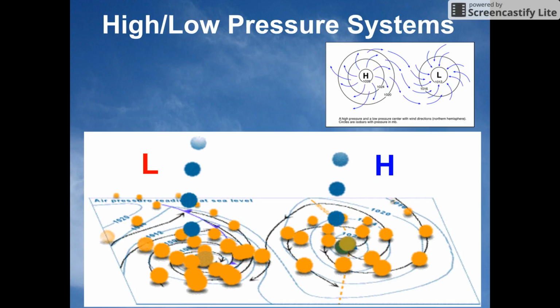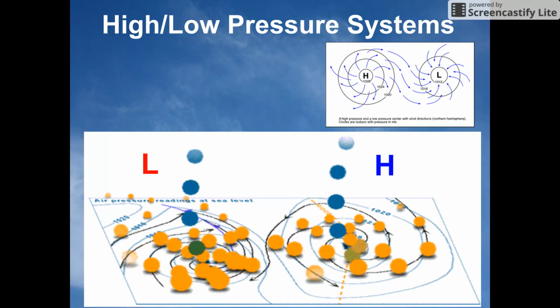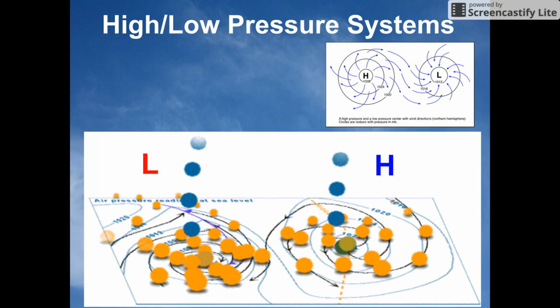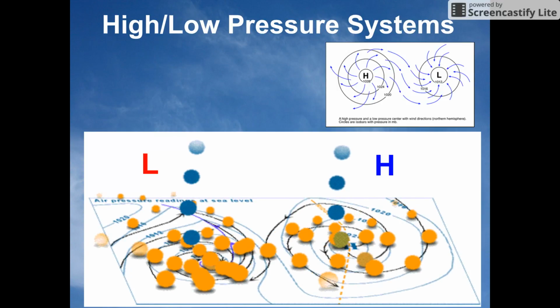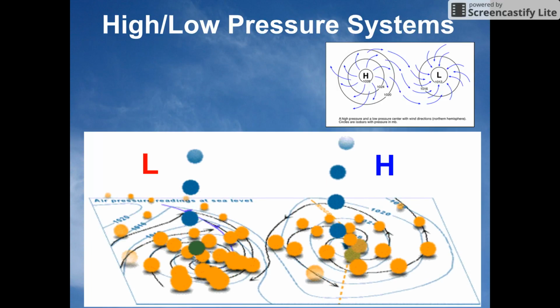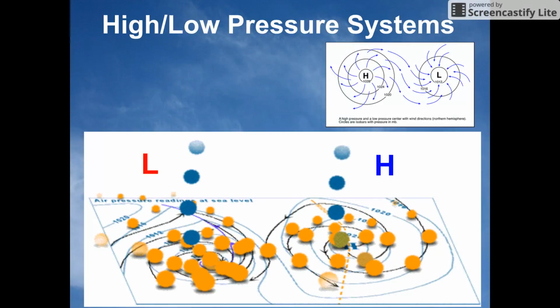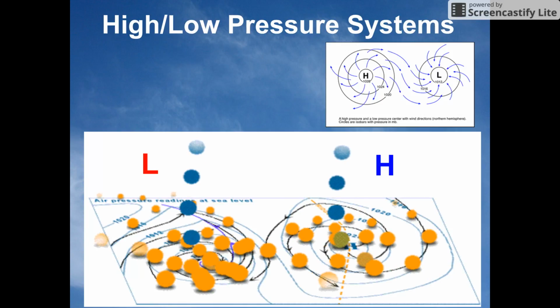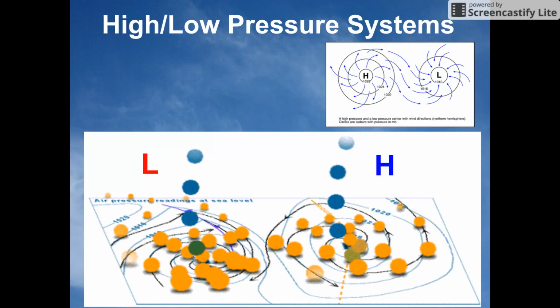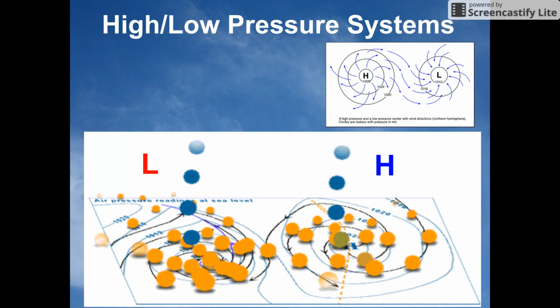The opposite occurs with high pressure, as air is moving away from the high pressure center at the surface, or diverging, so as a result, air from above must sink to take its place. The surface flow is accompanied by the opposite behavior at upper levels of the atmosphere, as depicted in this diagram.